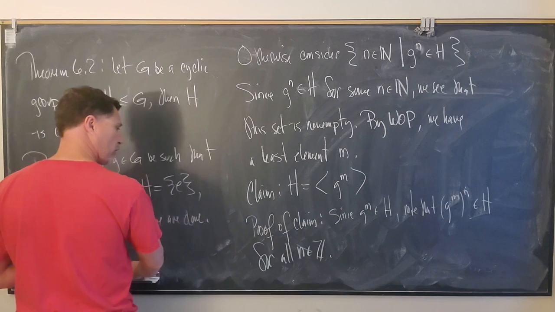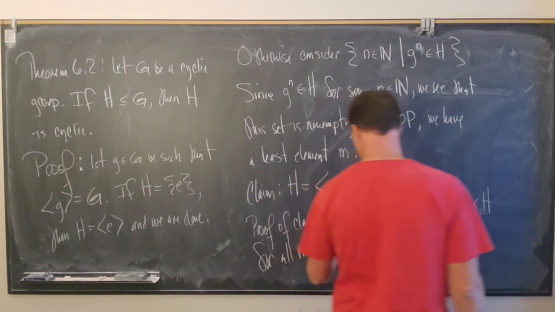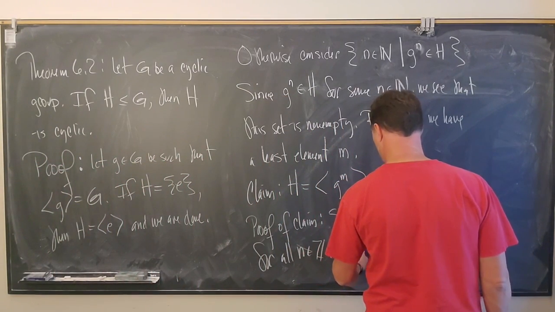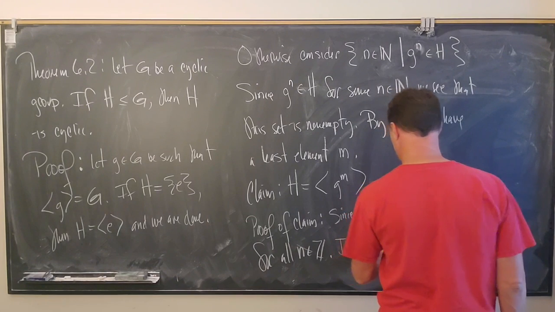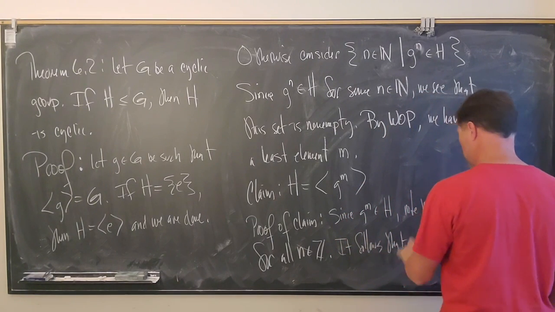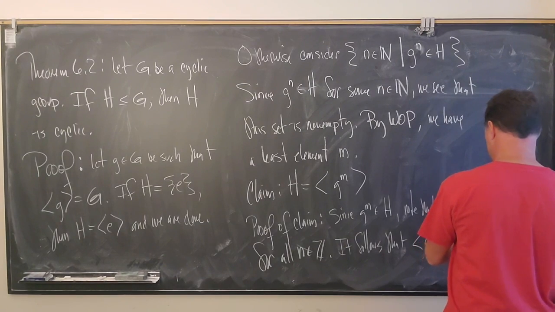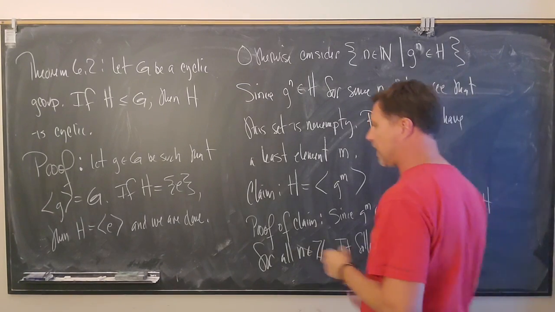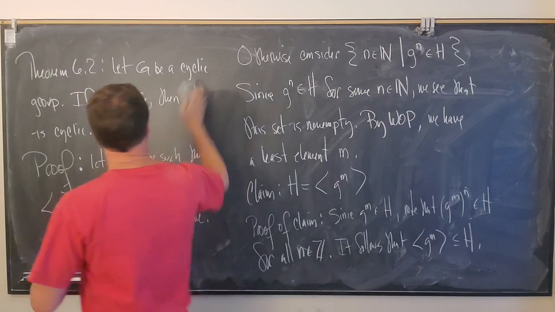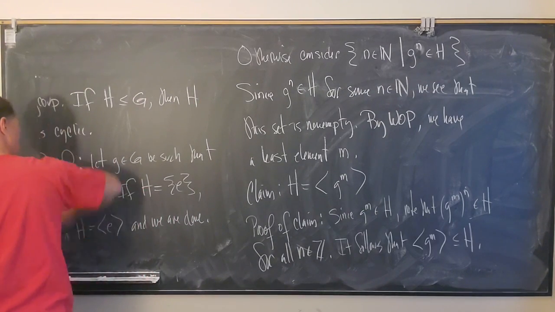Now, what did that do for us? Well, it follows that the subgroup generated by g to the m has to be a subgroup of H. All possible powers of g to the m live inside H. So what does that mean?